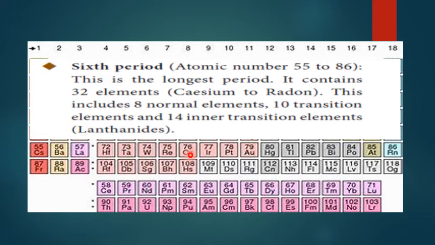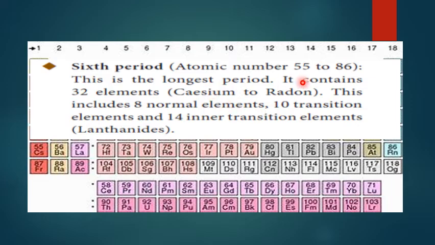This is the sixth period. This is the longest period. It contains how many elements? 32 elements from cesium to radon. The symbol for cesium is Cs and radon is Rn.